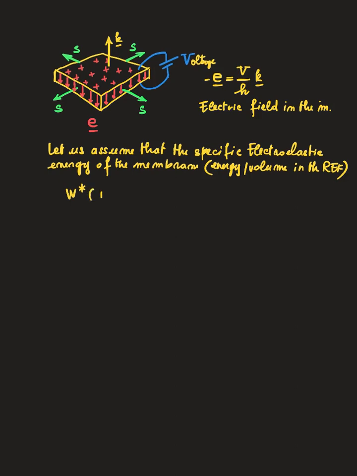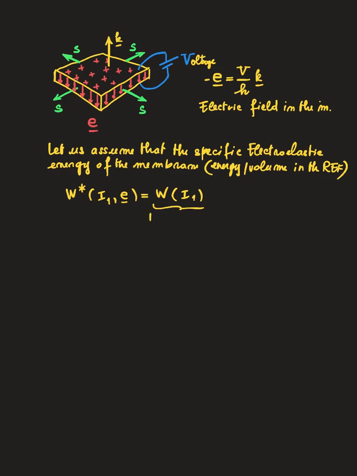Let me say that this depends on the first invariant of the deformation. We know what it means. And it also depends on the electric field, okay? And this energy is written in the following simple way. There is a first part, W, which is the purely elastic energy. This is nothing but what we have already seen.